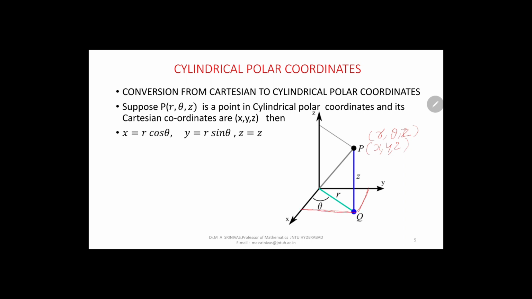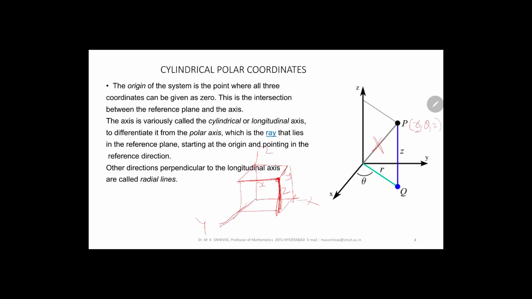Here I'd like to mention that these lengths are the same, therefore these are all y. This is x, and this length is also x. This is z, this is also z.